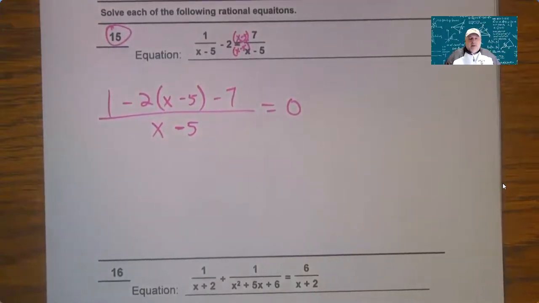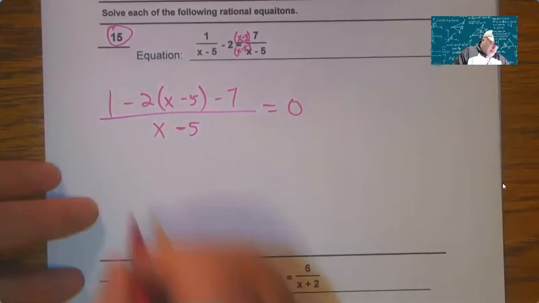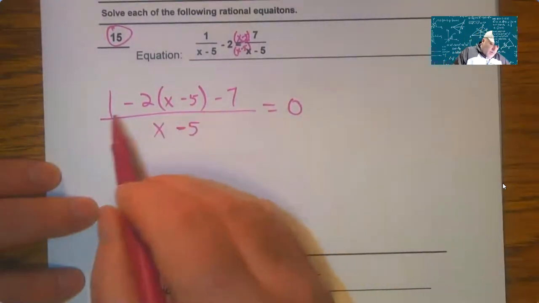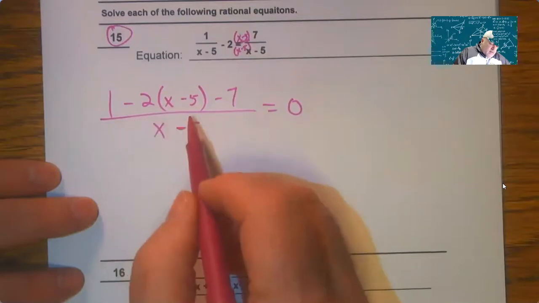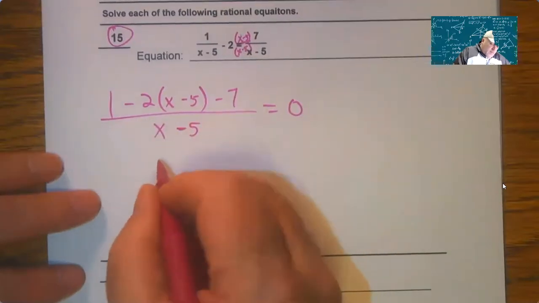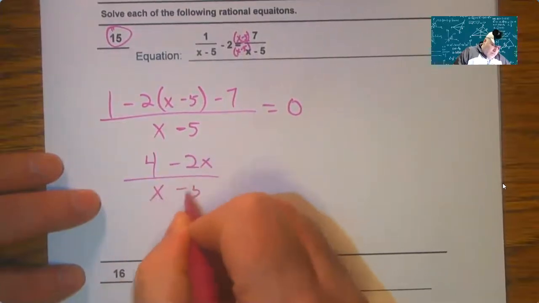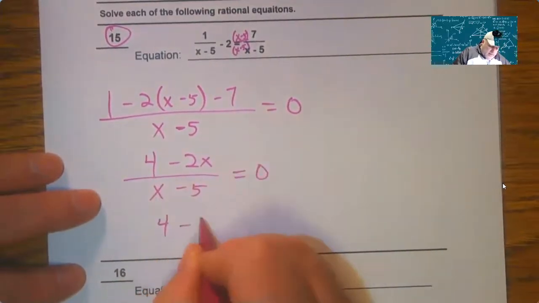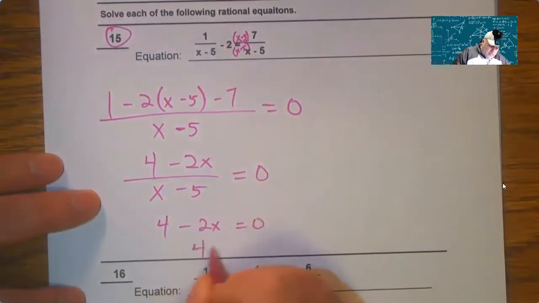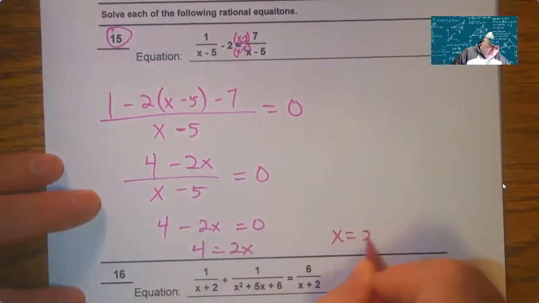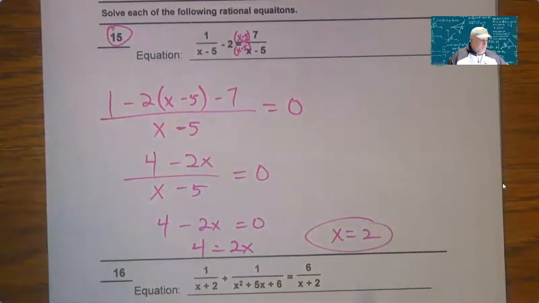You only mess with the fraction that needs the multiplying in top and bottom to create the common denominator. So 1 plus 10 is 11, minus 7 is 4. So 4 minus 2x equals 0. X is 2. And that does not put a 0 in the bottom.